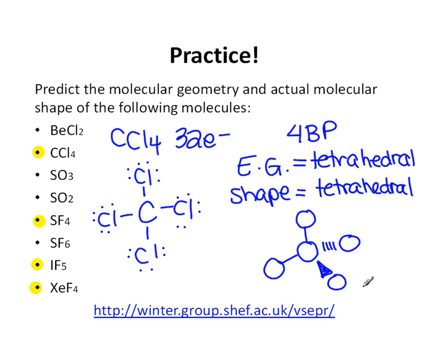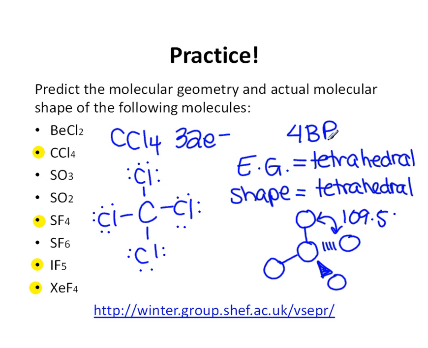And I want you to also practice putting in the bond angles, because that'll give you a good idea of the spatial arrangement. All of the bond angles for this one are 109.5 degrees.